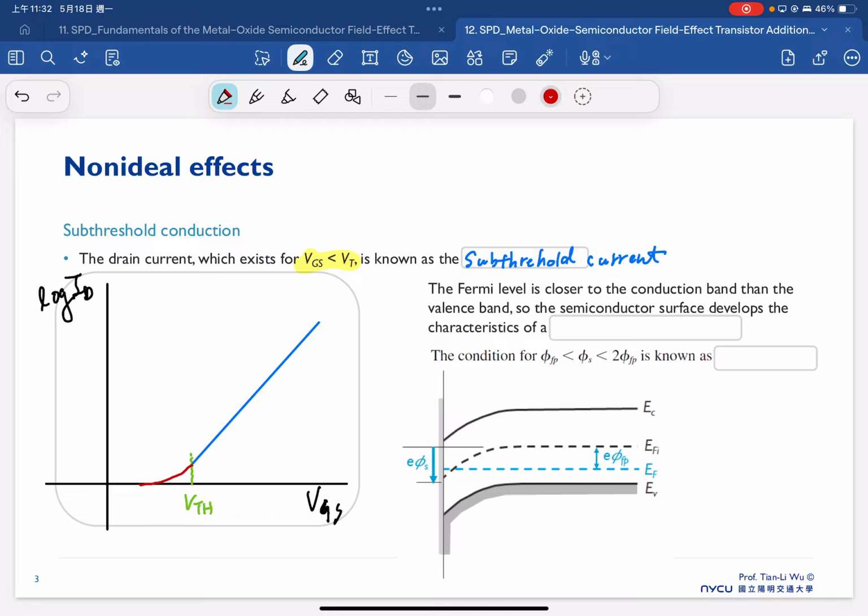This can also be understood from several different aspects. The first one is that the Fermi level is closer to the conduction band than the valence band, as shown here. So now your Fermi level is already close to the conduction band and far away from the valence band. Being close to the conduction band suggests that this region is already lightly n-type.